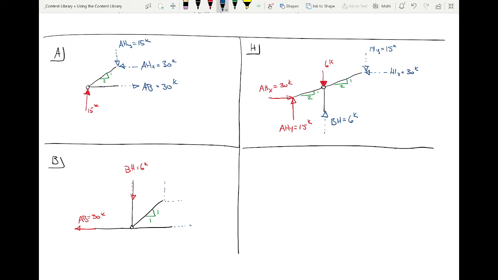All right, help me out. What do I do? You tell me. The vertical. Okay, so what's going on with the vertical? Okay, and so it's 6 kips up. And if this is 6 kips up, what's this? There you go. All right, and the names, is that what? Is that, remember, BI?